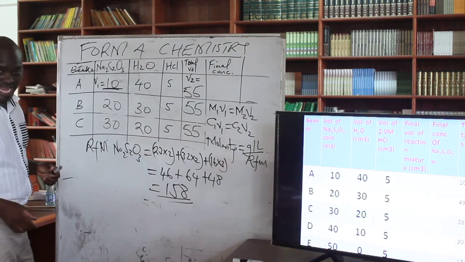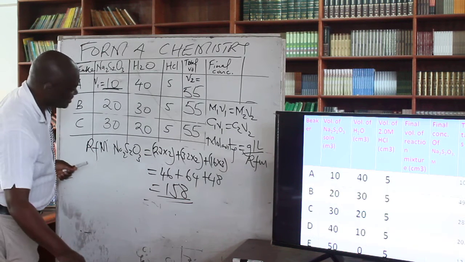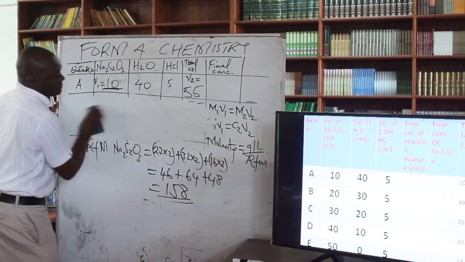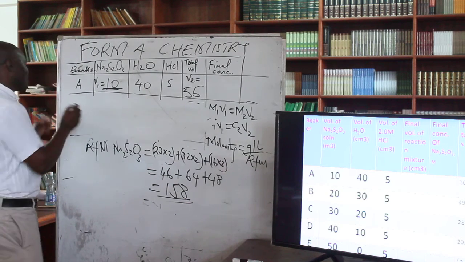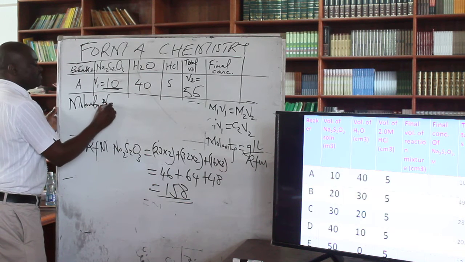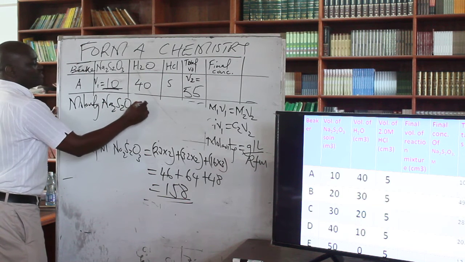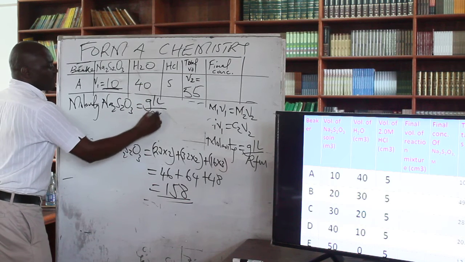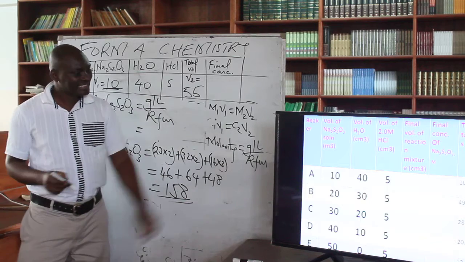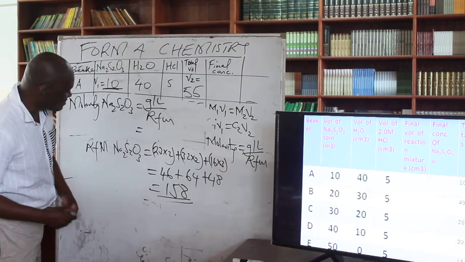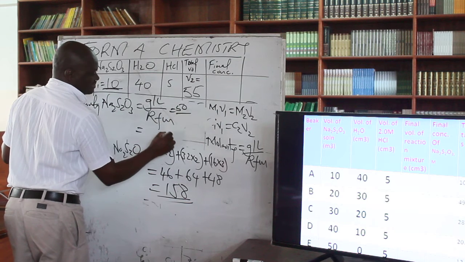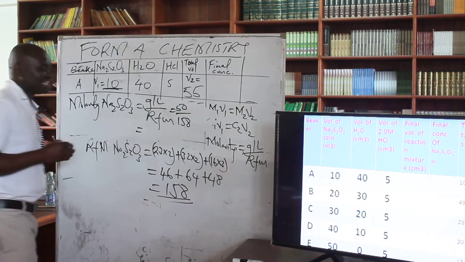So that is the RFM. After getting the RFM, we can now calculate the molarity. Molarity of sodium thiosulfate will be grams per liter over RFM. It was made by dissolving 50 grams per liter, so we have 50 over 158, which is the RFM.